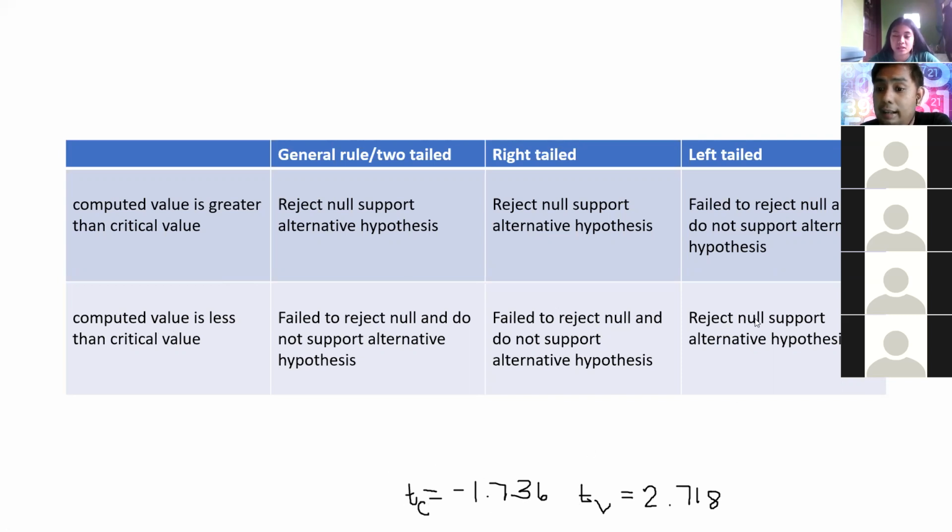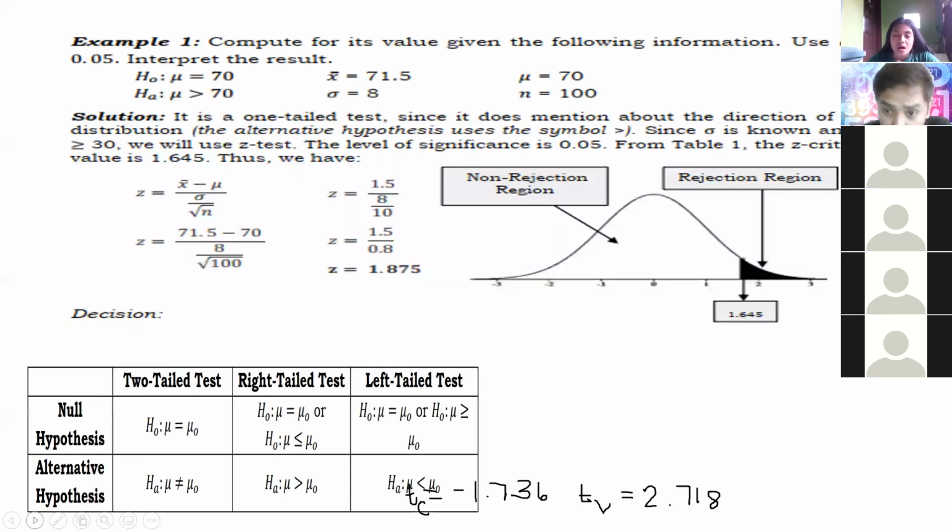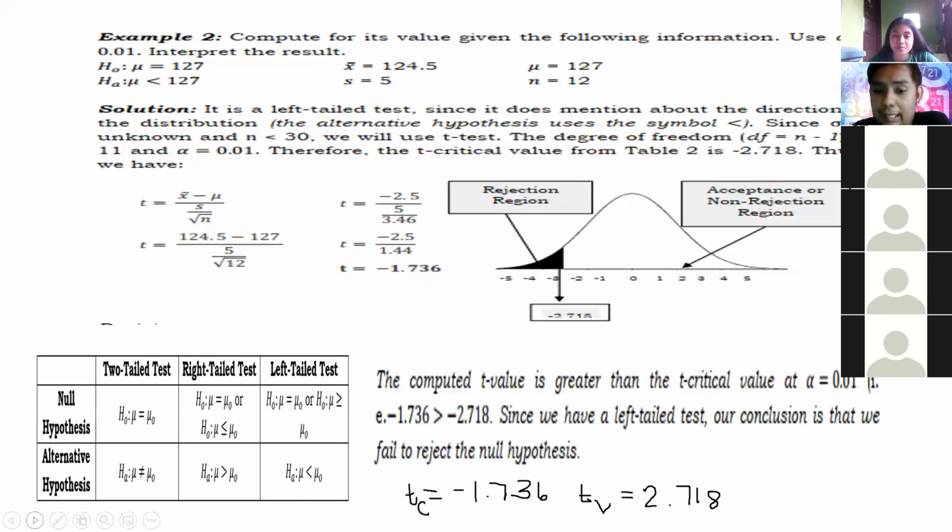So, ibig sabihin yan, reject null hypothesis, support alternative hypothesis. Check na natin kung tama ang ating decision. Magiging negative pala itong negative 2.718.